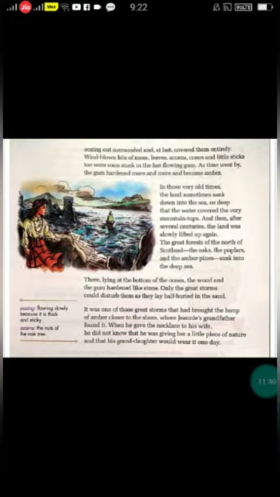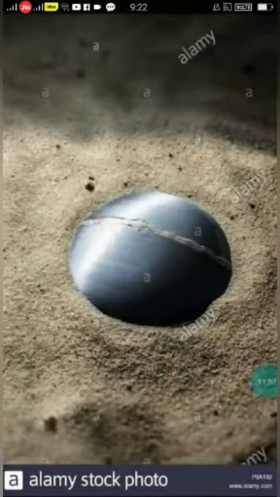Half buried means half of the stone will be inside the sand and half will be out where we can see it. Something like this. Half is inside, the other part of the stone we can see like this.